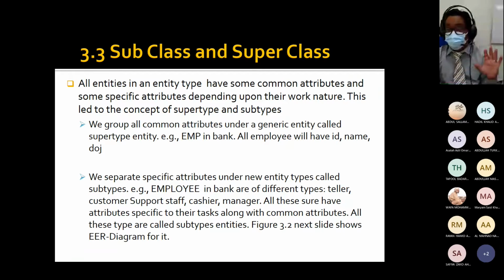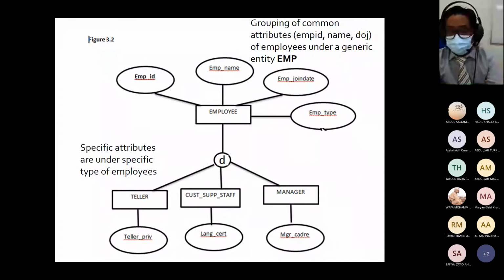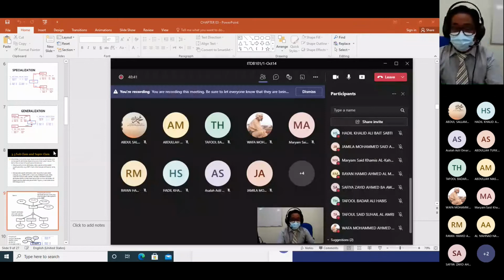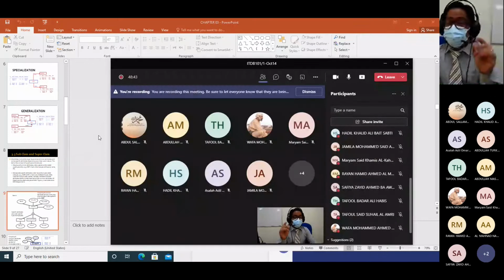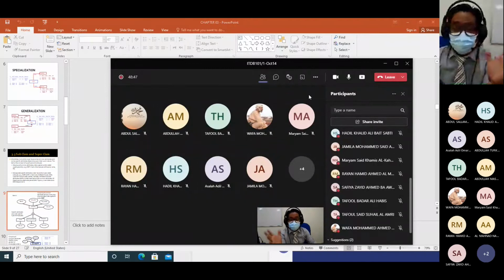Okay, to give a further idea of what we're talking about, let's have this figure 3.2. Wait, is my microphone on? Oh yeah. If you have some questions, don't hesitate to ask, okay? Don't you worry, this is just getting you ready for this chapter, just like what we had in chapter 2.